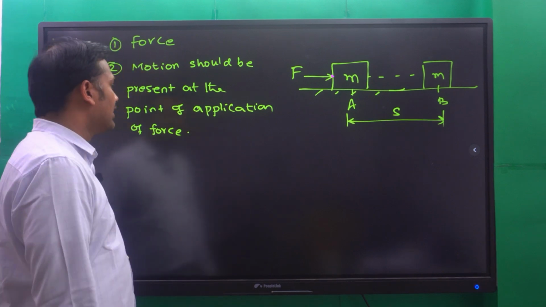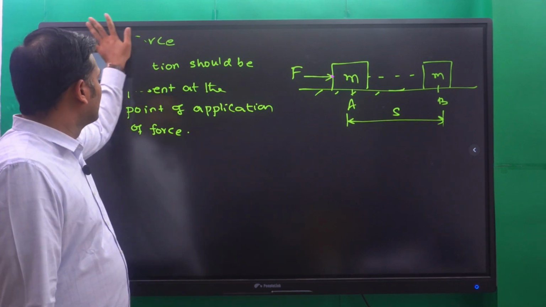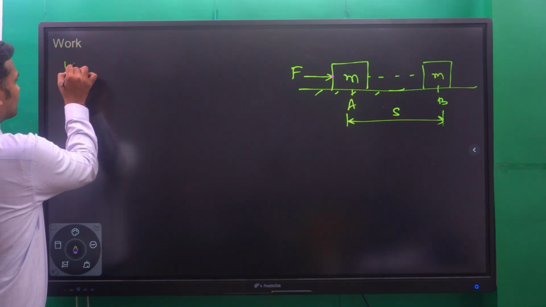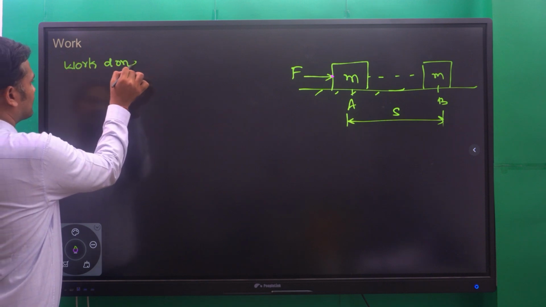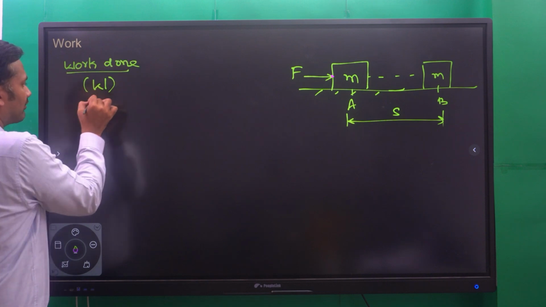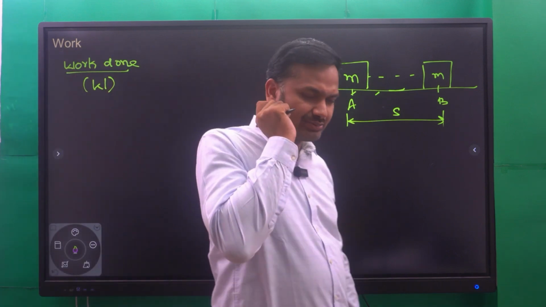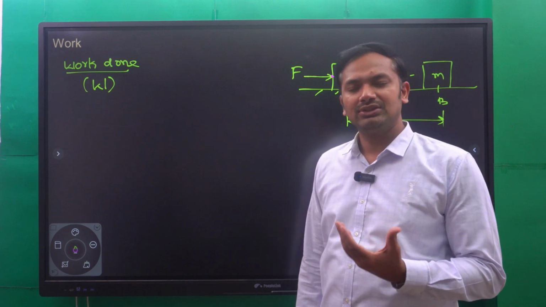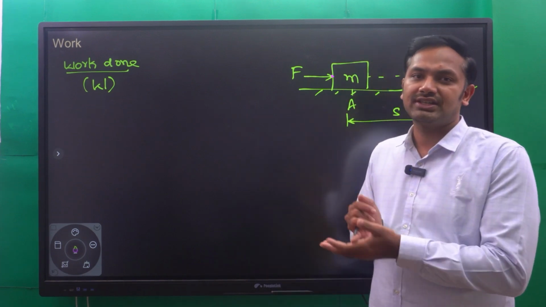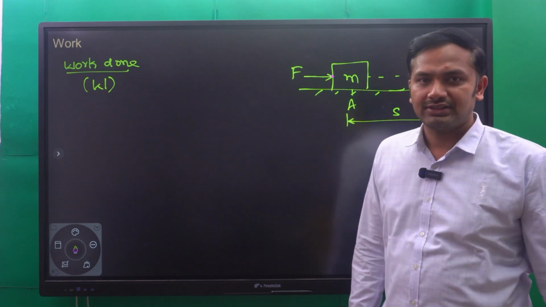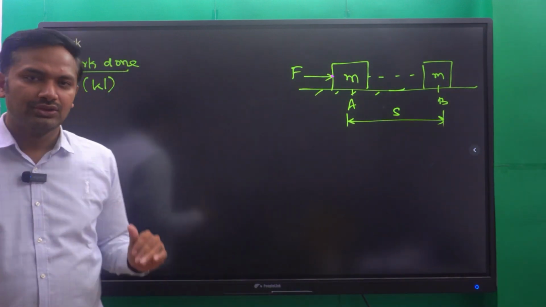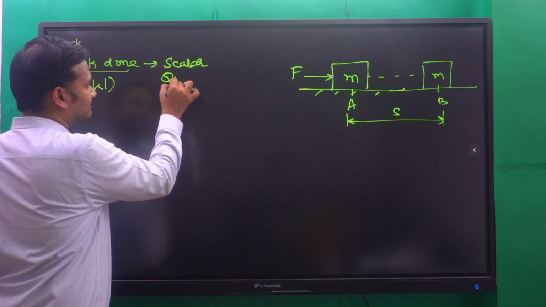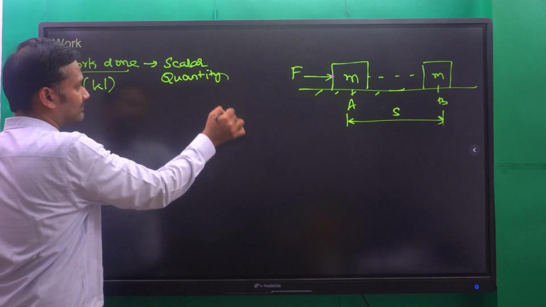Work done is generally denoted by the capital letter W. Usually in the gravitation chapter, weight is denoted by capital W, but throughout this chapter let us take W to indicate work done.